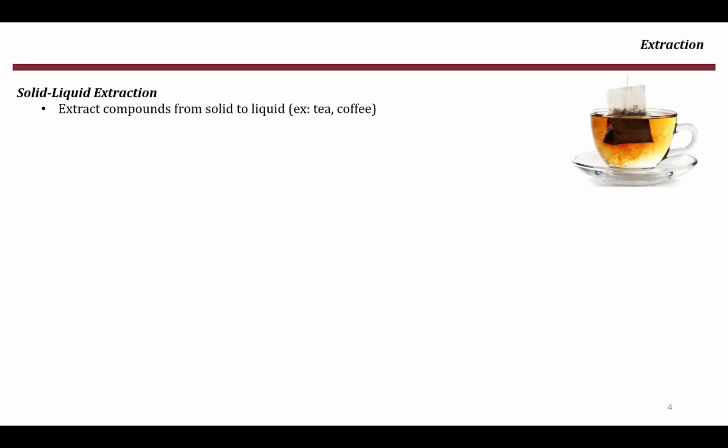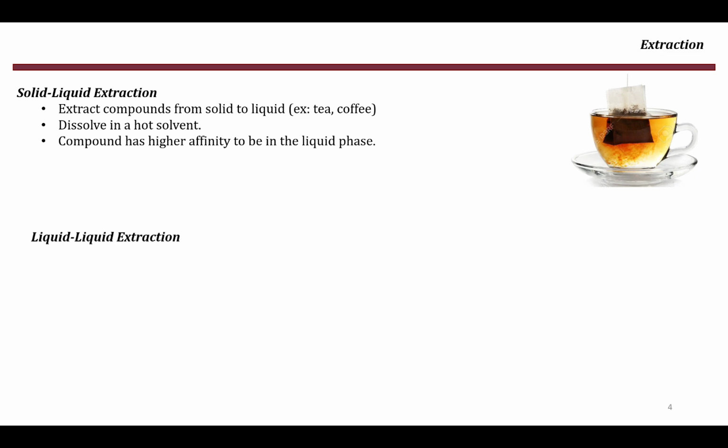Definitely, we always prefer to use hot solvents because solubility for any compound in general will be higher in a hot solvent rather than in a cold solvent. So the compound will have higher affinity to be in the liquid state, and that's why it moves out from the tea bag, which is the solid, into the liquid state because it has higher solubility.